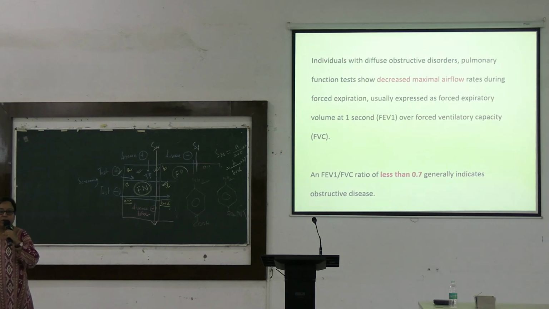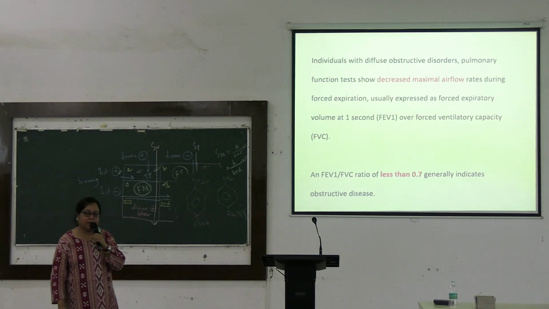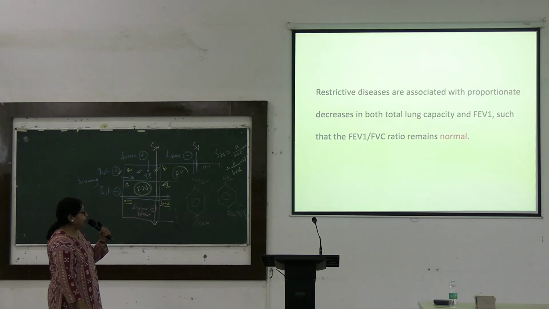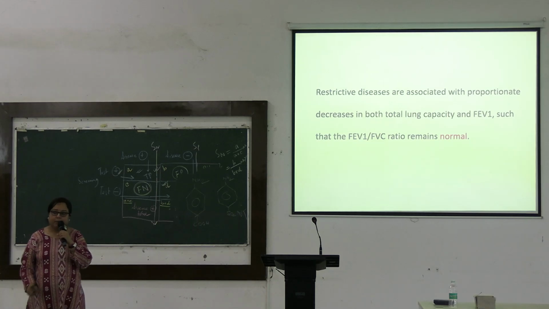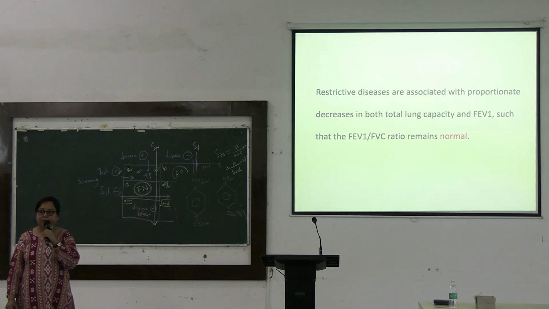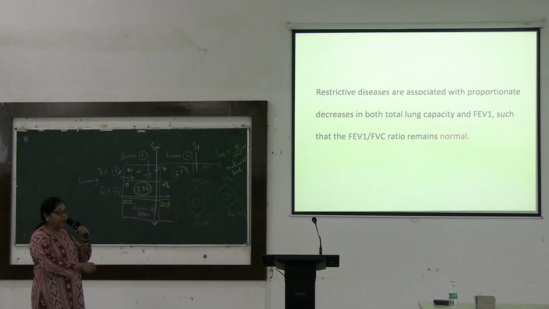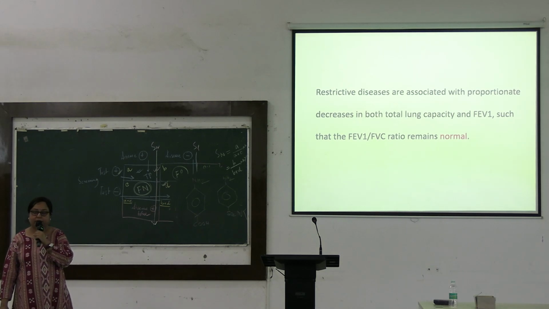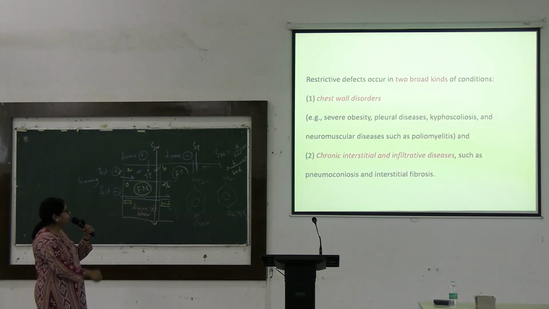If the ratio is less than 0.7, it is obstructive airway disease. And just to give you an idea of how to differentiate between obstructive and restrictive, in restrictive airway disease the ratio remains normal.